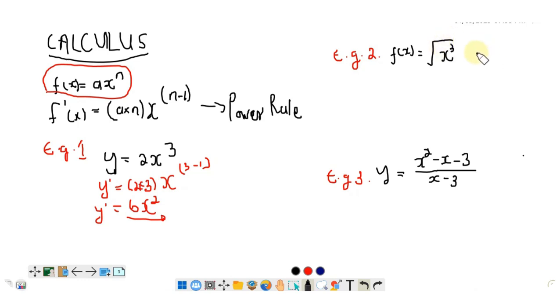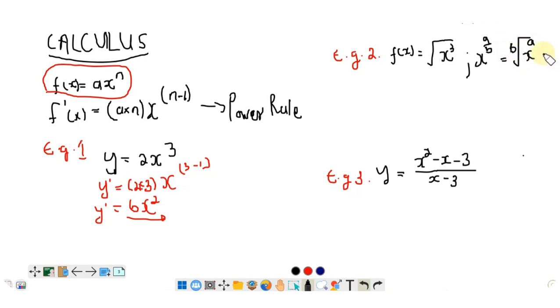Remember, from the rule I told you guys, x to the power a over b is the same as the b-th root of x to the power a.